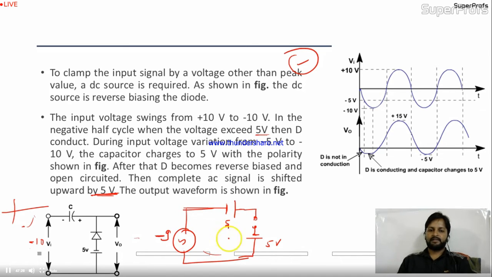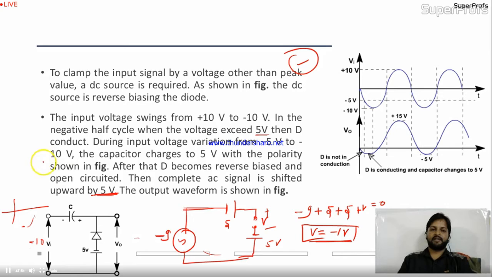We are going to apply KVL over here. It's -9, it's +5, it's +5, and this is nothing but V. So -9 plus 5 plus 5 plus V equal to 0, so V equal to -1 volt. So if V is -1, that means the diode has plus here, minus here, so it will be in reverse bias.